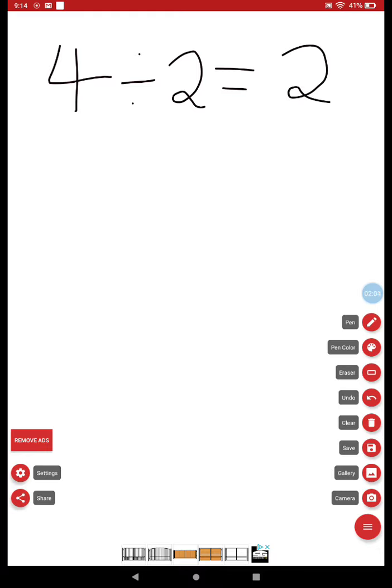Well, to help us put it into perspective for long division, let's use our division box. When we use a division box, this first number always goes in the box. The second number always goes outside of the box.